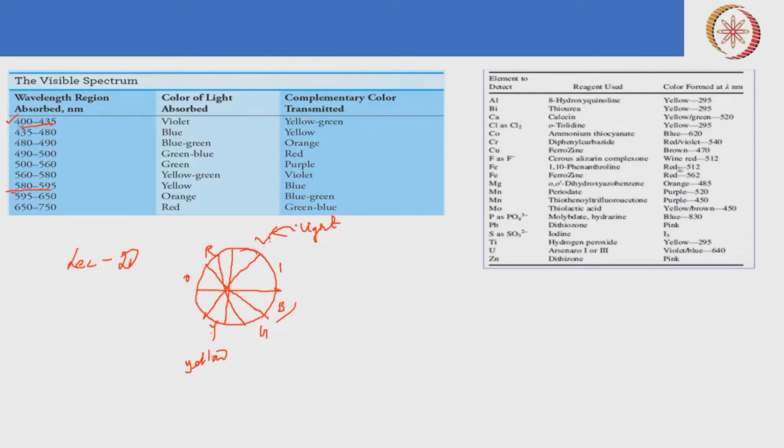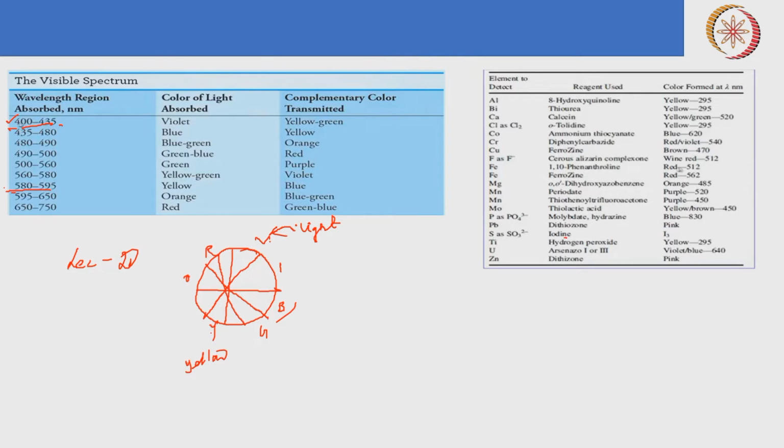Then you will observe in the eyes the complementary color, which is its opposite, that is yellow color, near 550 to 595 nanometer. So in the absorbance spectra, you will see the absorption near 400 to 435 nanometer.